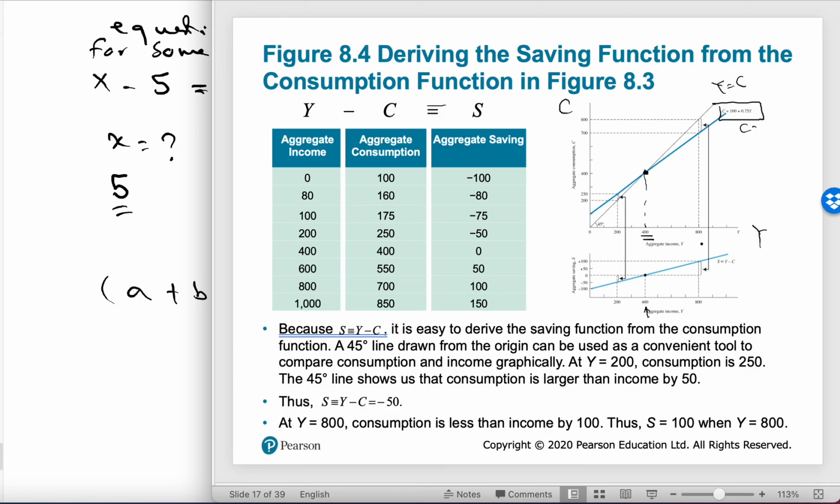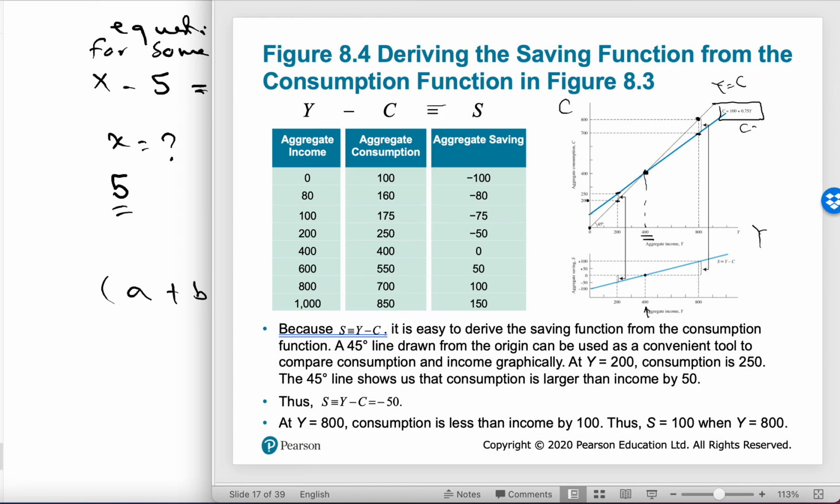At any income level bigger than that, income is going to be bigger than the consumption. And at any level below that, like 200, income is going to be less than the consumption, like the zero also. The income is 0, but the consumption is positive 100. At 200, the income is 200.